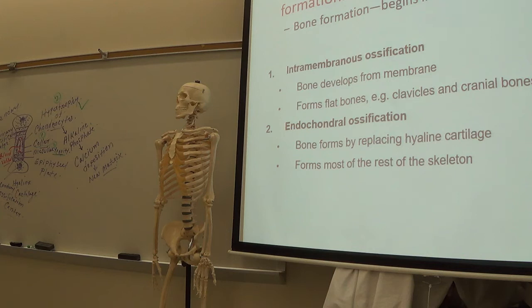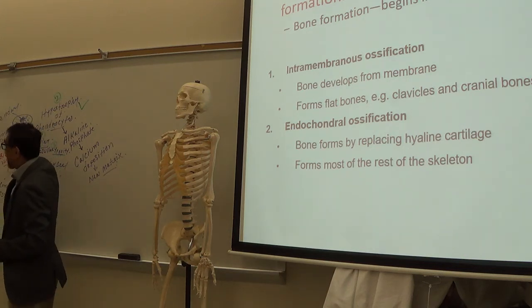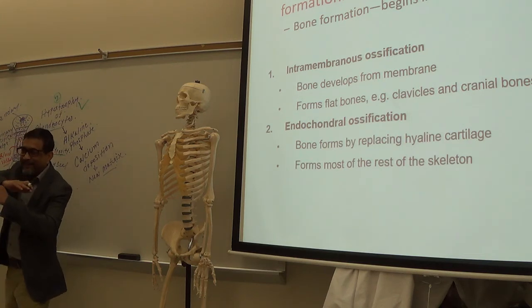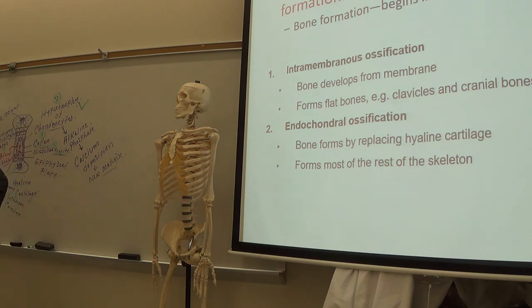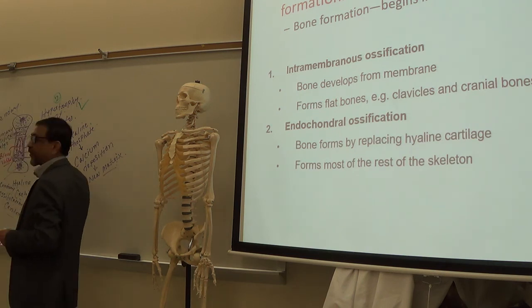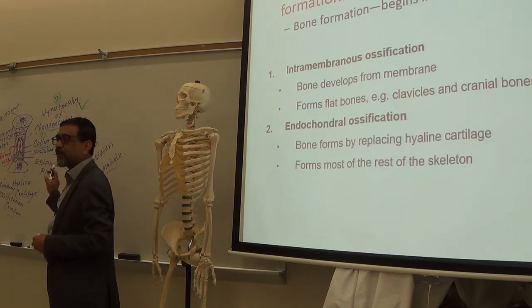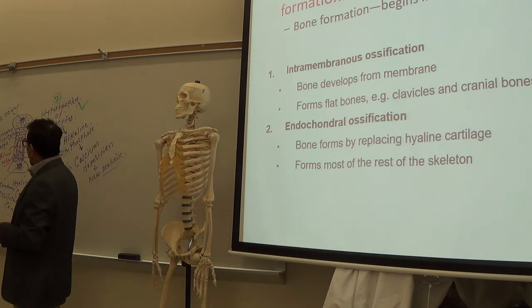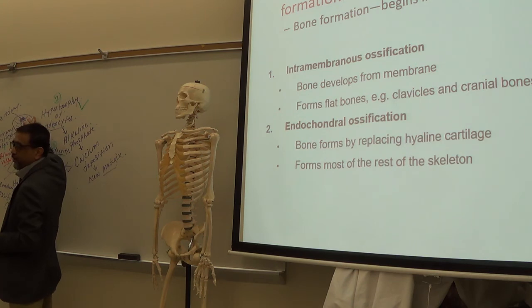Make sense? That means this is a weak point in your bone. Fracture can easily occur here. Because cartilage is softer than bone, right? So the head part can get detached from the shaft. That is called epiphyseal fracture. If fracture occurs here, that is called what? Epiphyseal fracture. Make sense? Anyway, so this thick hyaline cartilage is called what? Anybody?